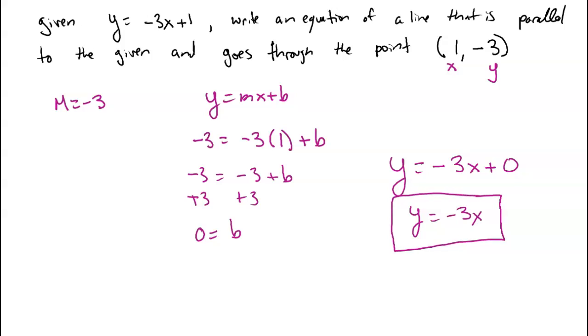And that's all you have to do. So the same steps are going to work if we have to find a perpendicular line. So let's try one example together for perpendicular.